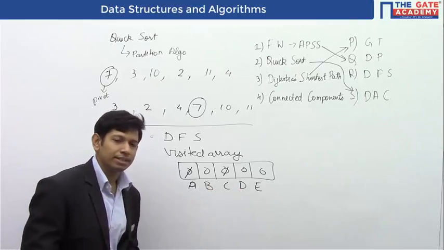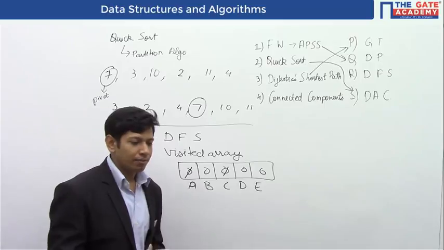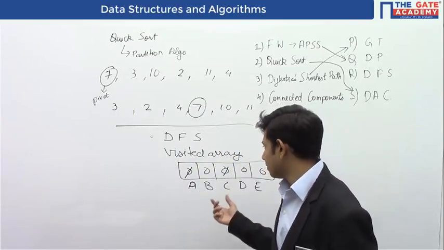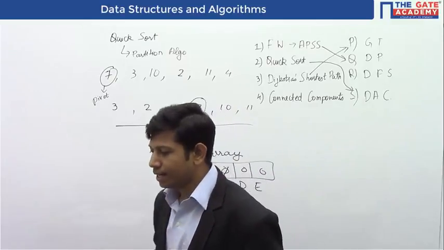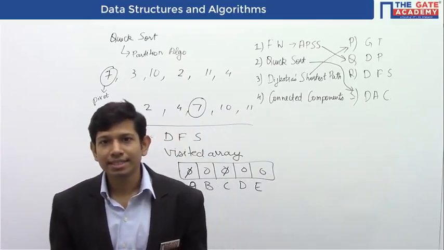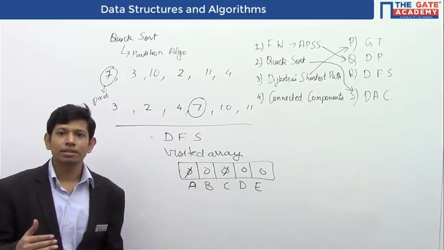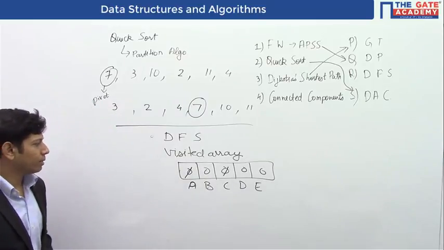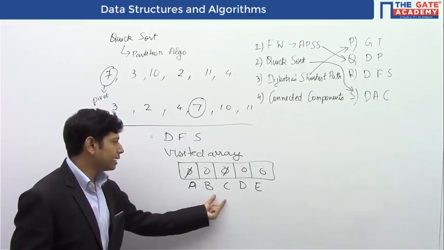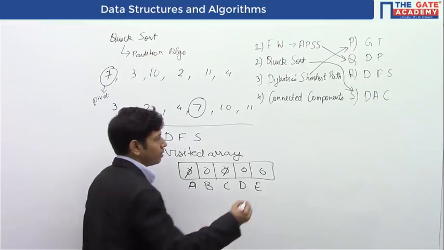If there are remaining zeros, it means that we have not covered the complete graph. Since we have not covered the complete graph, we need to run the algorithm once again, but this time we will start from some other vertex. For example, in this case, we can see that A and C were covered.